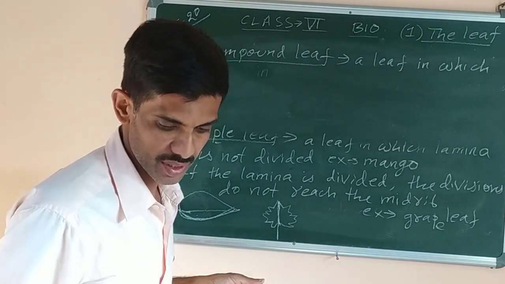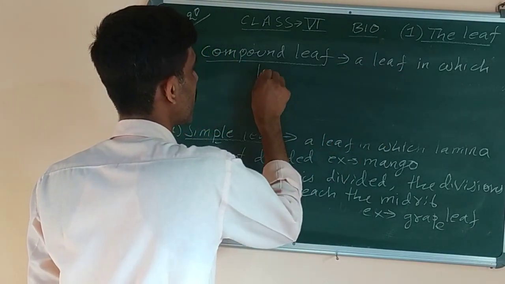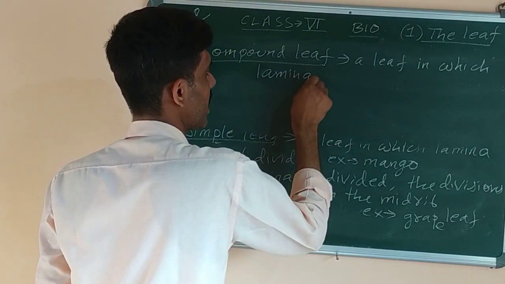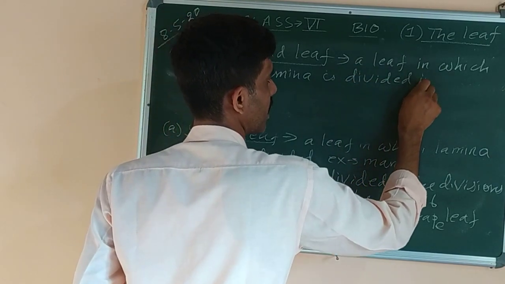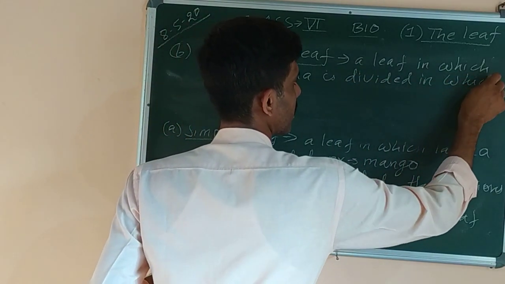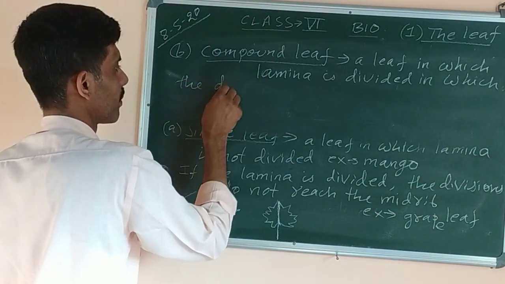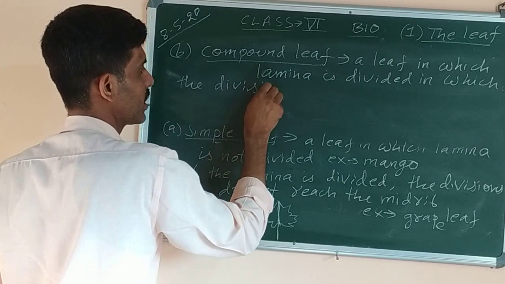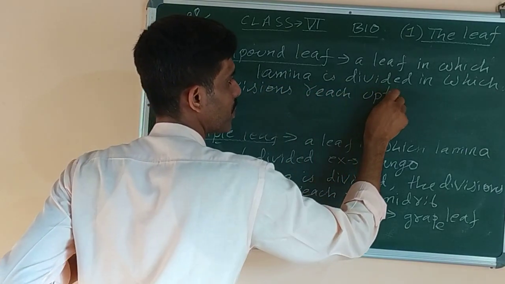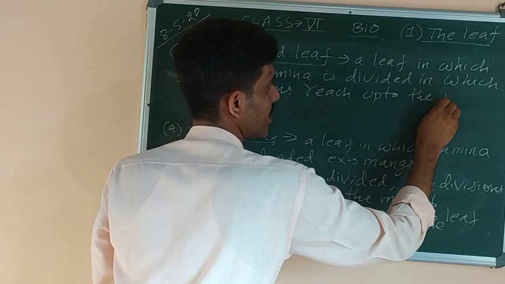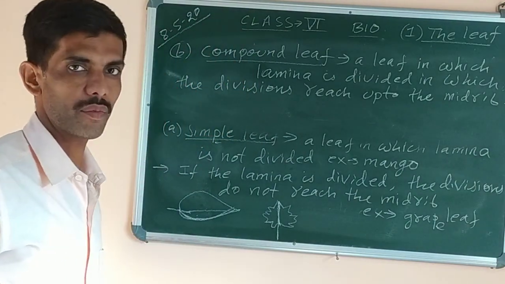The second definition: a leaf in which the lamina is divided, in which the divisions reach up to the midrib, is called a compound leaf.